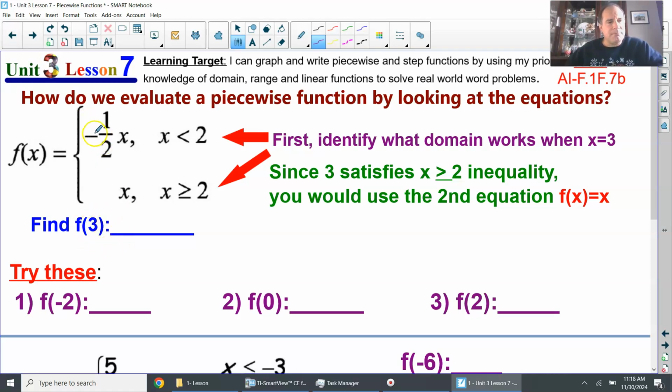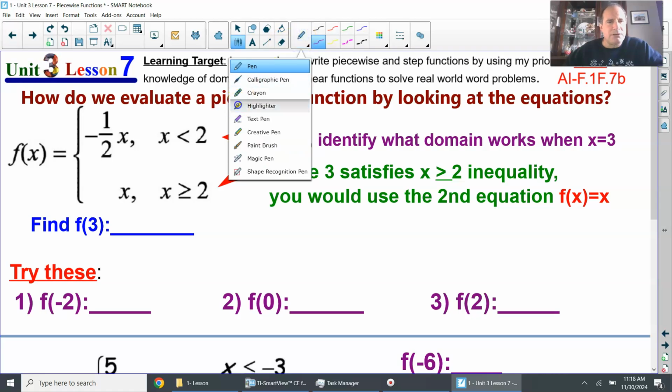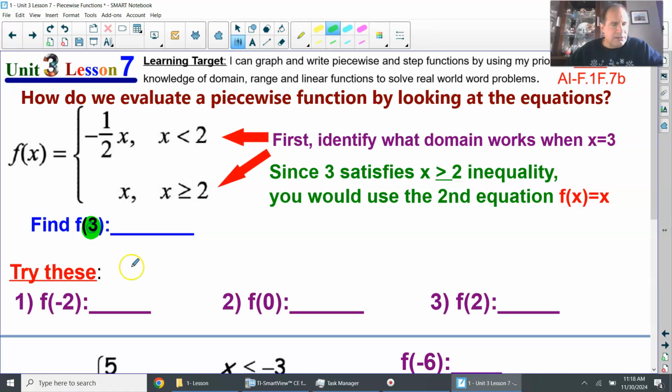Just remember, this is one complete function, but this is two equations. So you have to identify what domain works when x is 3, because they're giving you the x of 3, right? So you're basically substituting that directly into each equation.